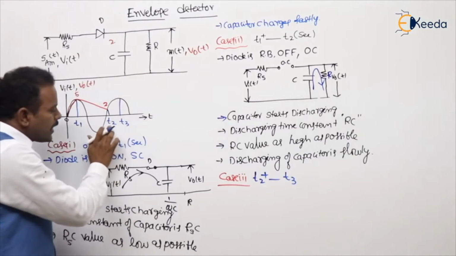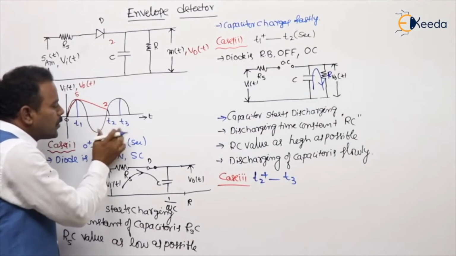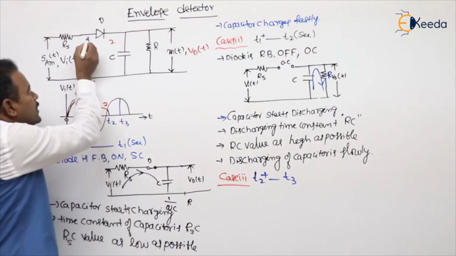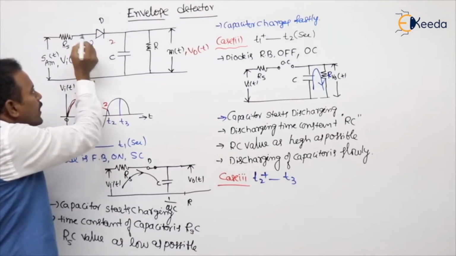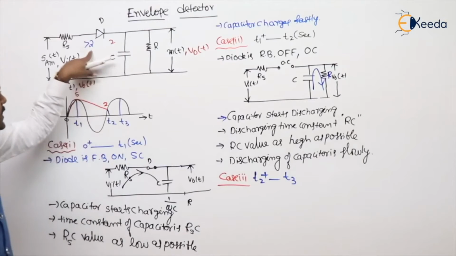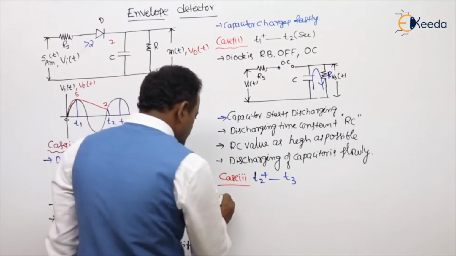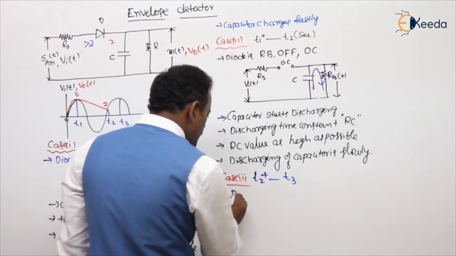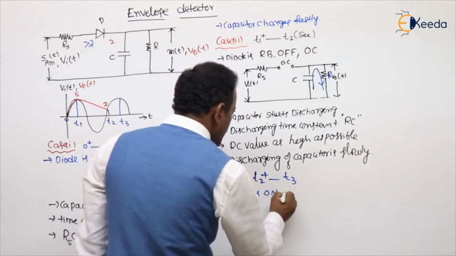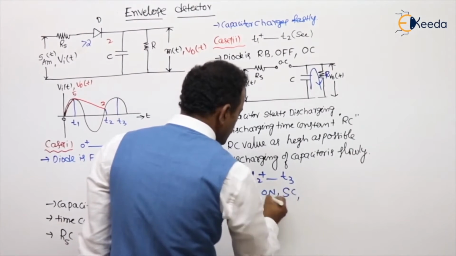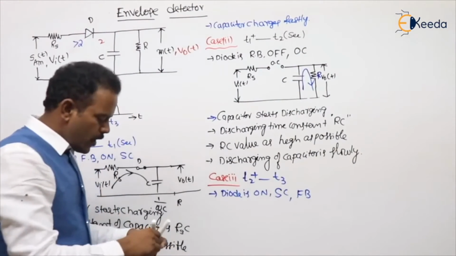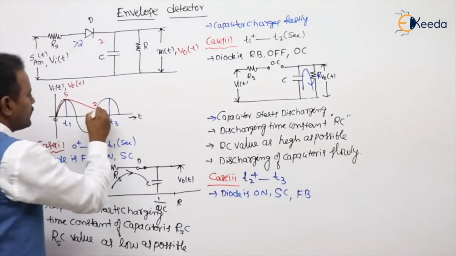If you clearly observe, immediately after T2, the black color signal, the input, is increasing, meaning the voltage at the positive terminal of the diode is greater than 2 volt. So it is greater than 2 volt, meaning I can say the diode is, one more time, on. On means short circuit, that is forward bias. So one more time the diode is on, which means one more time charging will happen.